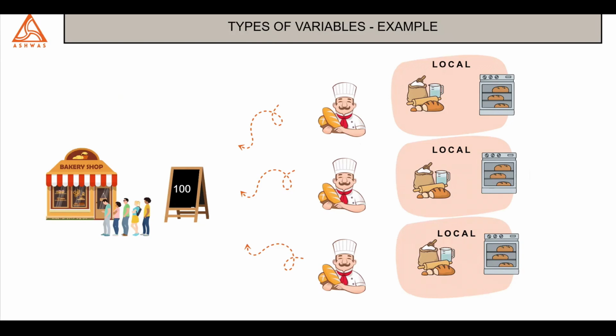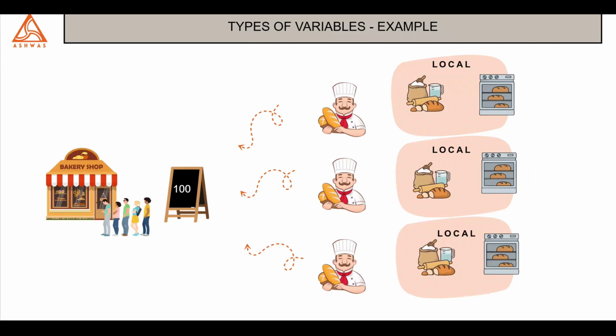Local variables have the smallest scope in any programming language. They belong to a specific method. So here, let's say the method is baking. And once the method is over, the local variables are destroyed. They are no longer active.